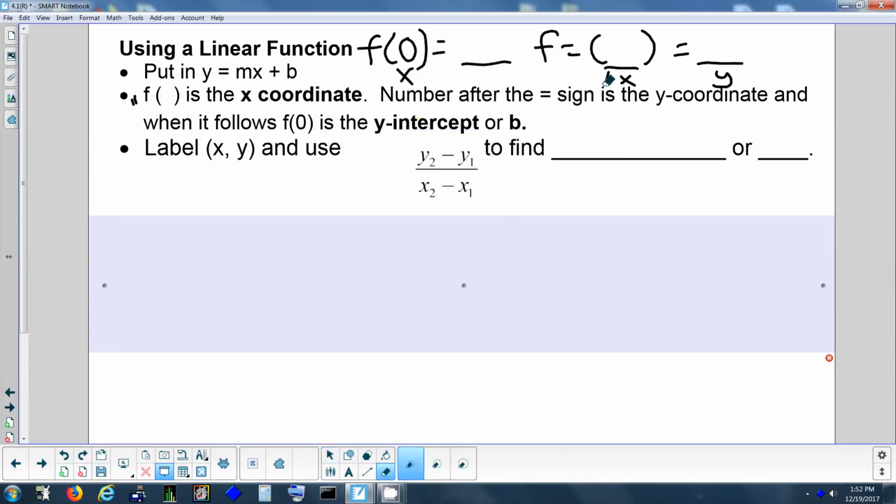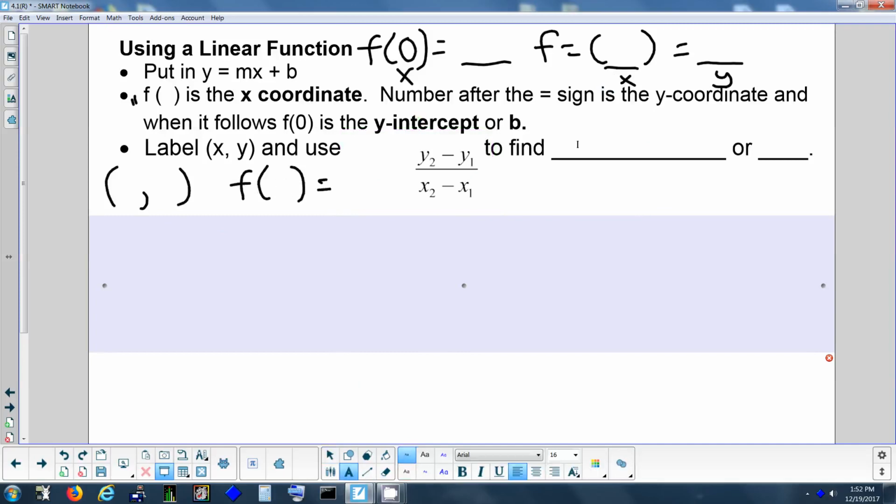Remember we said before, whatever number's next to the 0 is your y-intercept. Same thing here. This is just what we were doing before. We have something, comma, something. That's coordinate notation.